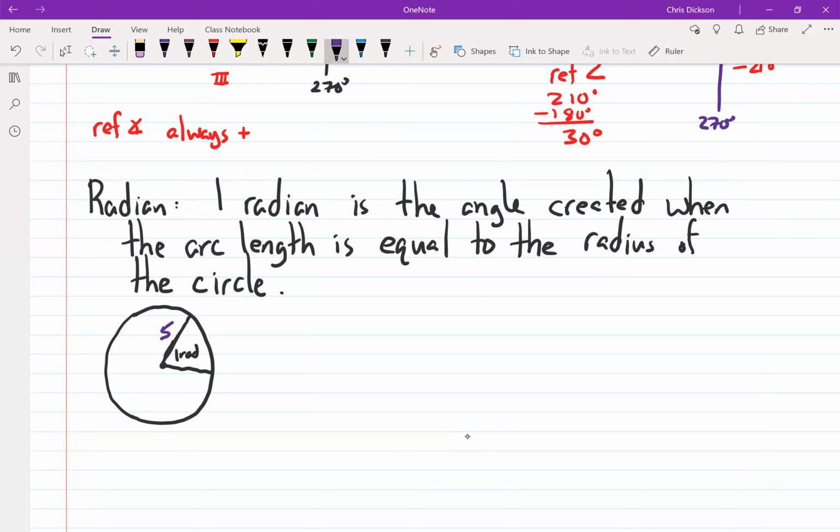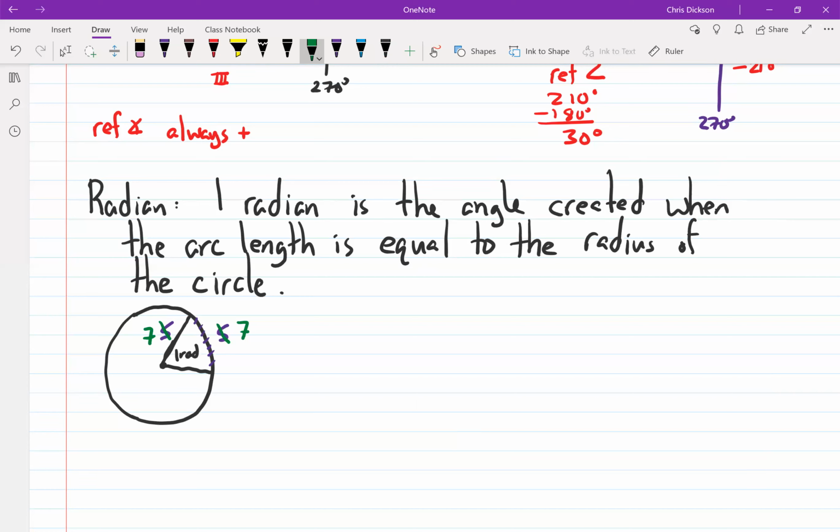Then the arc length, this distance here, would have to be equal to the radius because the angle is 1 radian. So this arc length would have to be 5 also. And of course, if this was 7, let's draw a line through that, then this would have to be 7. So it's kind of interesting that it tells us how big the actual angle is.